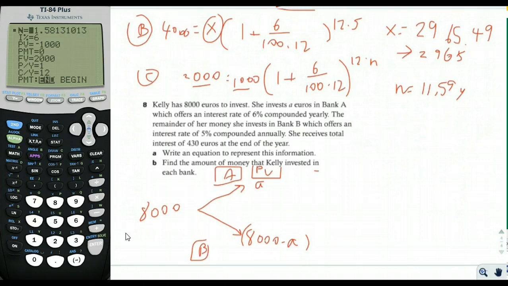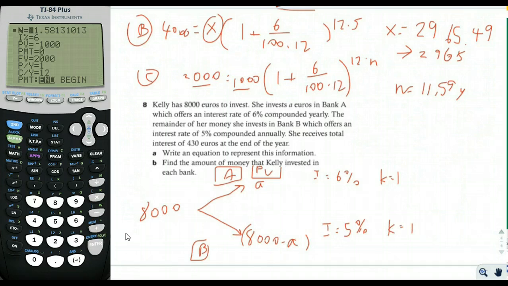Bank A has an interest rate of 6%, compounded yearly. Compounded yearly is K equals 1. The remainder of the money goes to Bank B, which has an interest rate of 5%, which is also compounded annually. She received a total interest of 430 euros at the end of the year.